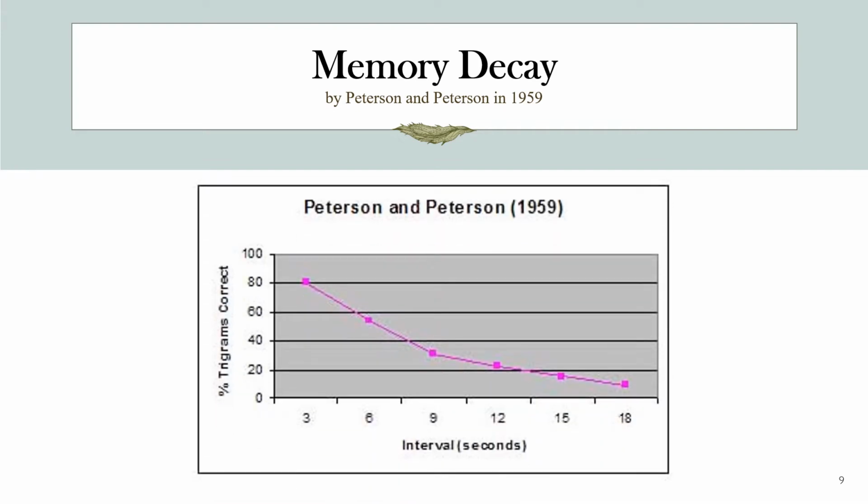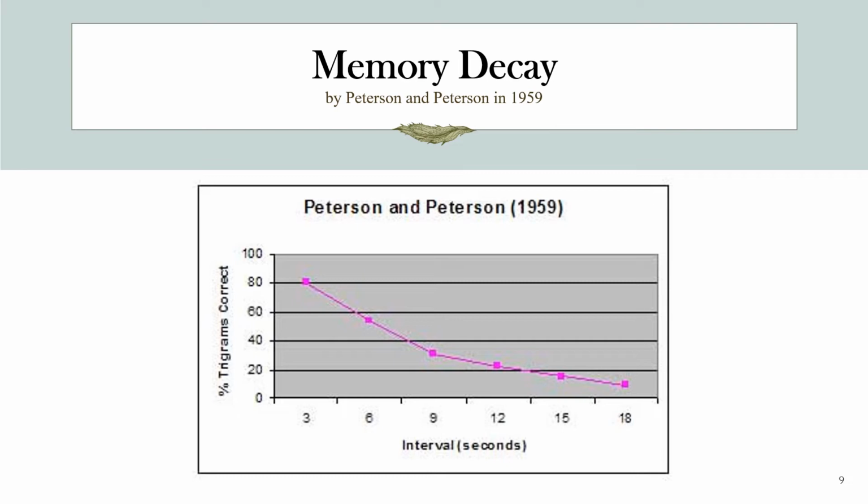Next will be the memory decay theory by Peterson and Peterson in 1959. This theory went through an experiment by Peterson to investigate the longevity of memories. It is also used to measure the periods memory can survive before being fully forgotten without any rehearsal.